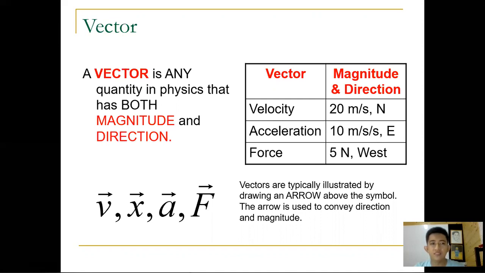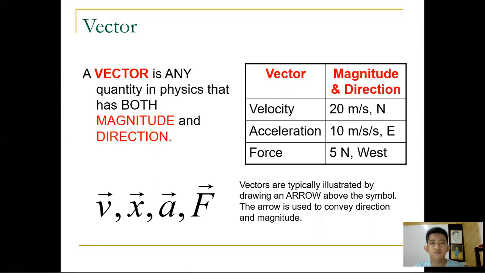For example, for velocity, a magnitude of 20 meters per second in a given direction, moving to the north, the symbol for velocity will be v, a small letter v, with an arrow on top.